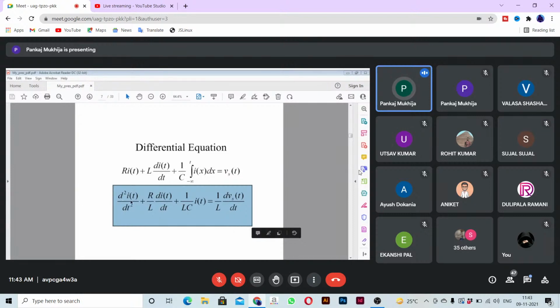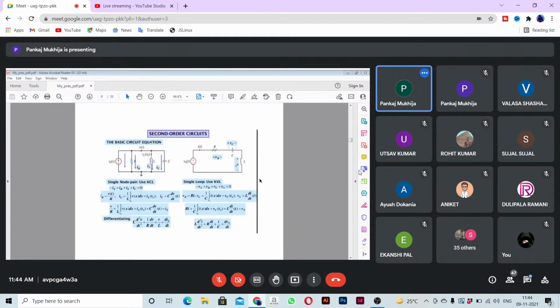Now you can see that this is a second order differential equation. Is that okay? Yes, sir. And similarly you can write for the parallel RLC circuit. Like we have done for the series RLC circuit, for a parallel RLC circuit I have shown you we can apply KCL, and you can then write this equation in terms of voltage.